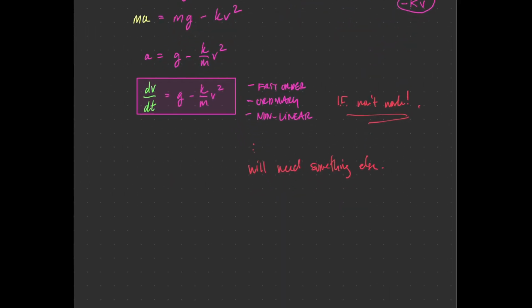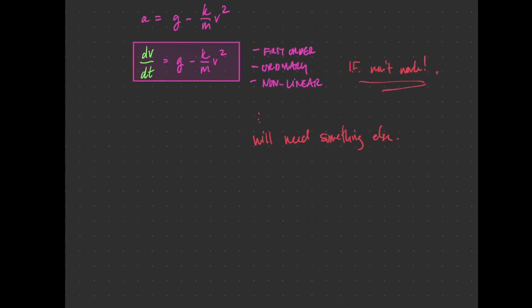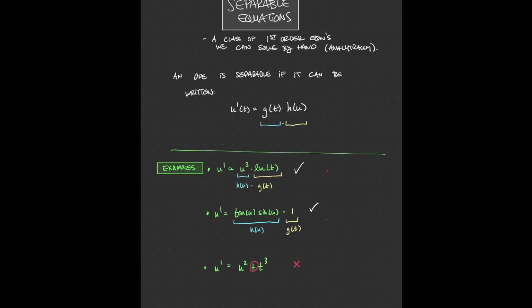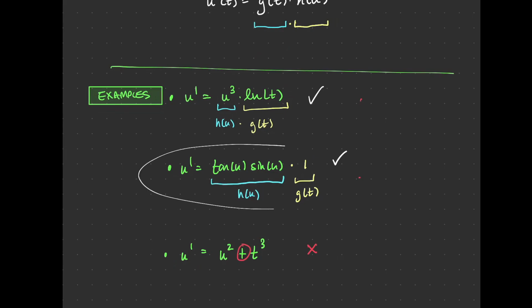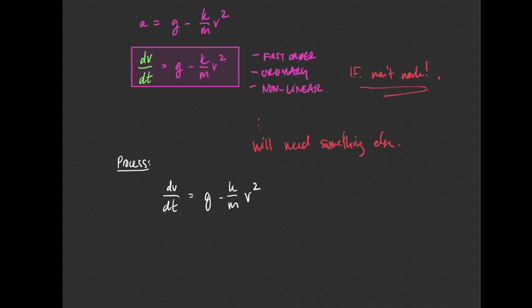So what we can do, I'm going to start it and then stop. So what we can do is start with, okay, you've got dv/dt equals g minus k over m v squared. What we can do is what I said before. We'll treat it like this one here. There is no function of t on the right-hand side, really.